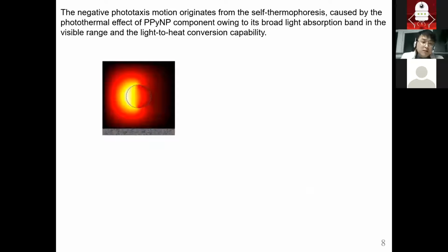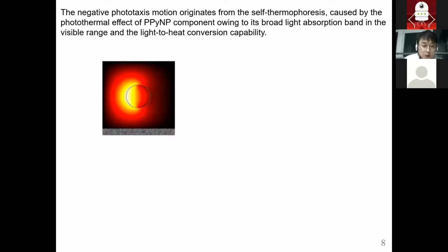On the other hand, the negative phototaxis motion arises from the self-thermophoresis caused by the photothermal effect of the polypyrrole compound, owing to its broad light absorption band in the visible range and its light-to-heat conversion capability.